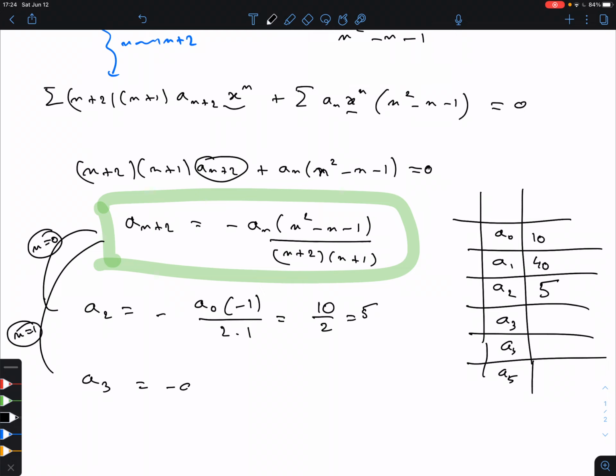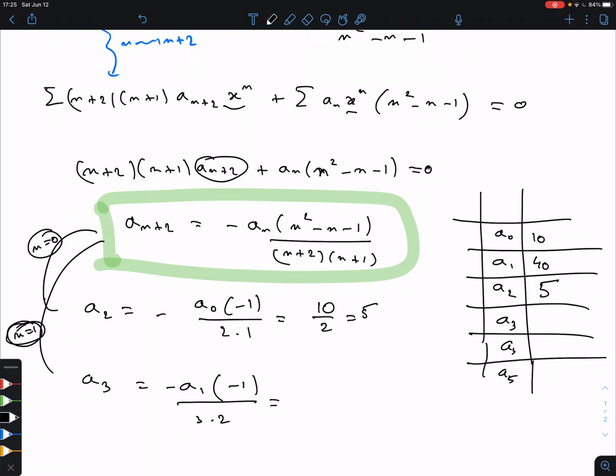That is minus A1. If I plug in, what am I plugging in? N equals 1. Right, so write that down so that you don't forget. Otherwise, you start plugging in 3. 1 minus 1 minus 1, so that is negative 1. And in the bottom, I get 3 times 2.